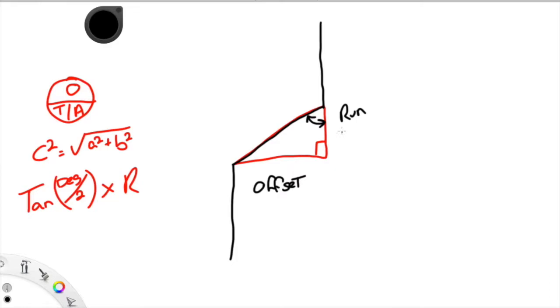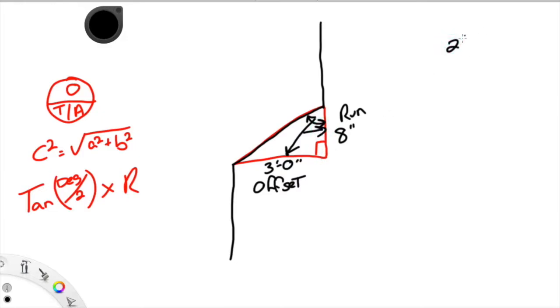Okay, so we'll make our run 8 inches and our offset 3 feet. Okay, so just like our formula over here, alternative method, opposite side divided by the adjacent side.